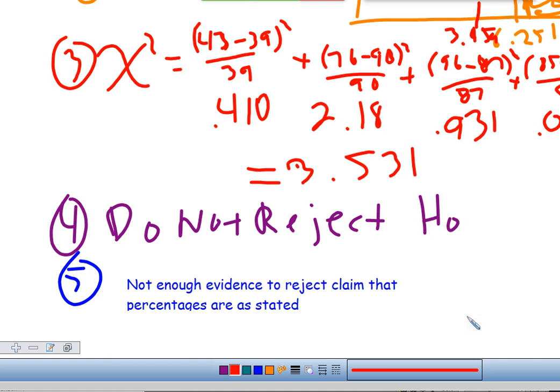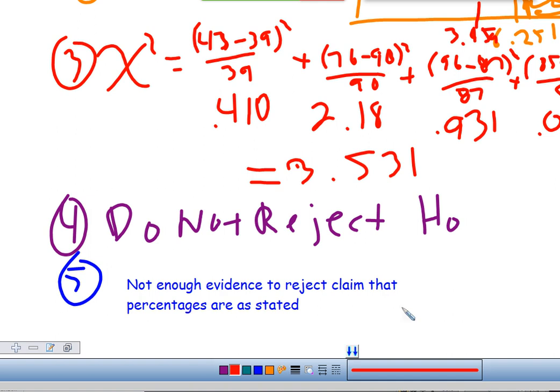To reject claim, you just leave this all the same. Evidence to reject claim that percentages are as stated. You can just use that generically. We're covering these chapters very, very lightly. You can just verbatim say blank evidence to reject claim that percentages are as stated. And it'll either be not enough or enough. That would be the only thing that changes.